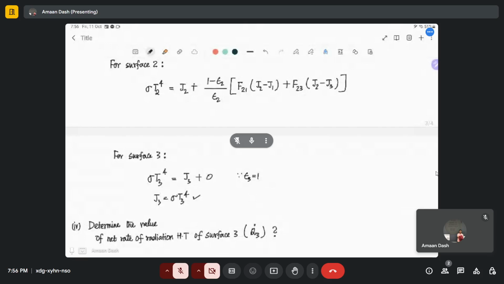That is Q dot of 3. So since you have all the expressions, you can easily calculate this.